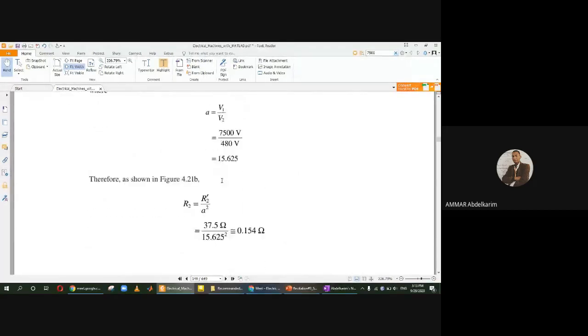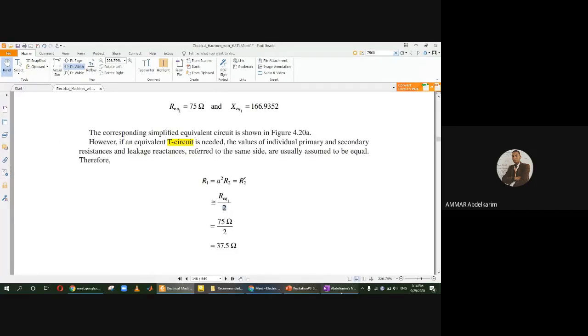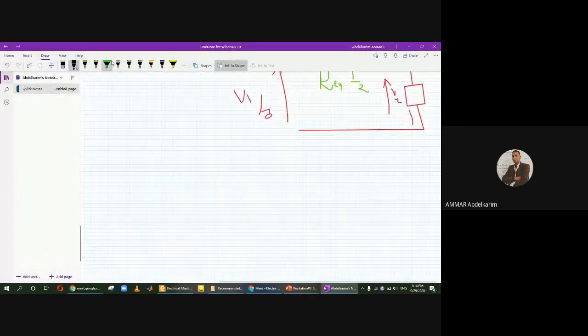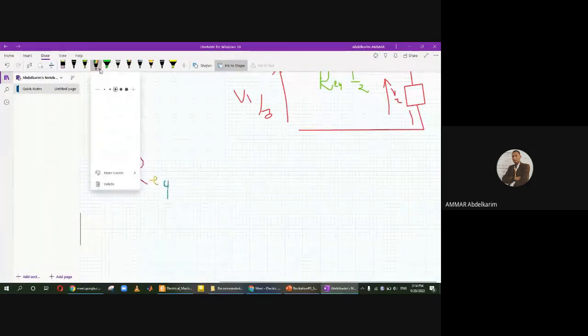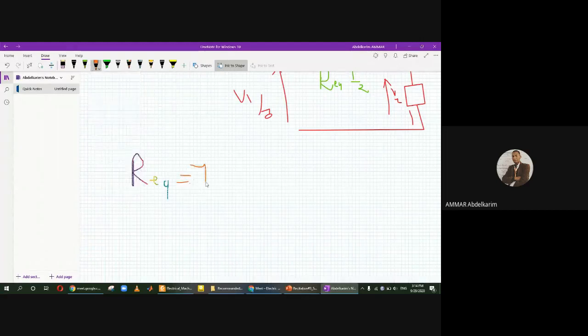Then we write, for example, R equivalent is 75, and we divide it over 2.